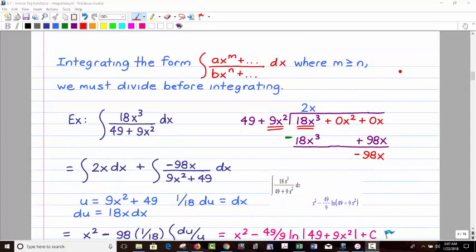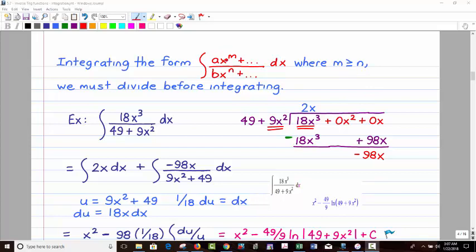Now, when you have integrals that are what's called improper fractions, with regular numbers it's pretty easy, like 12 over 5. But in these polynomial type problems, now you won't have this issue with square roots, so it's only going to be when they're polynomials, if the exponent on top is greater than or equal to the one on the bottom.